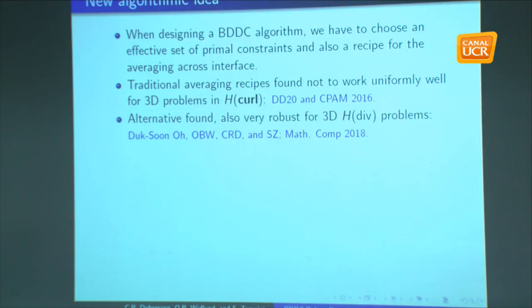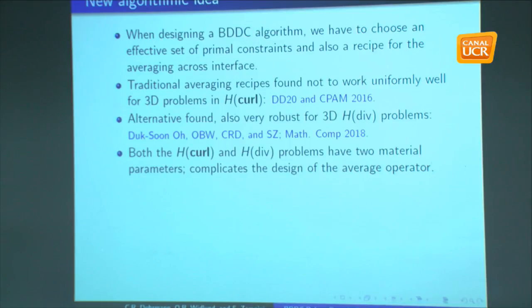So alternatives were found, which were the Deluxe methods, and they were also very robust for 3D problems. This has resulted in a paper which has appeared electronically and comes out in print form later this year. It involves, in addition to myself and Dorman and Zampini, a former student of mine, Duxenov.